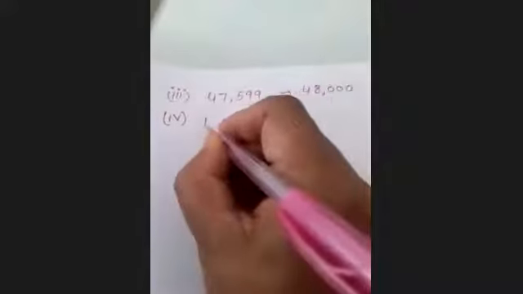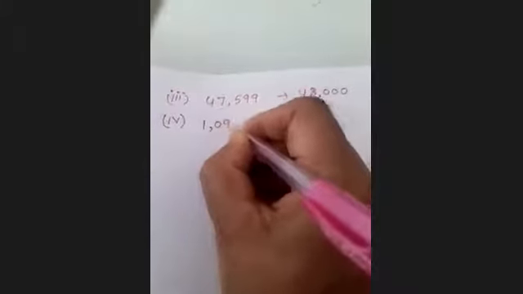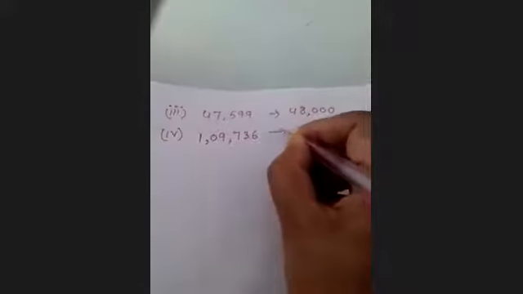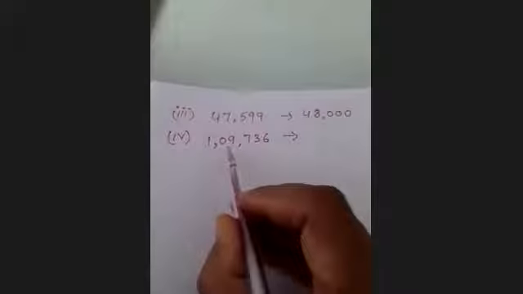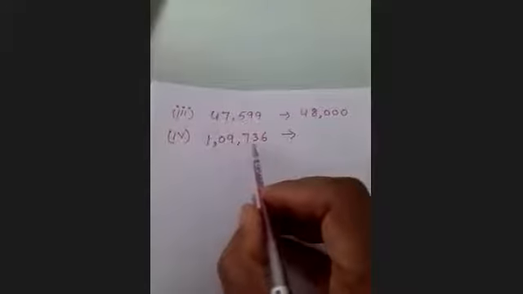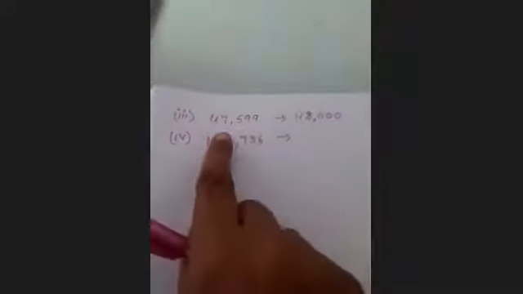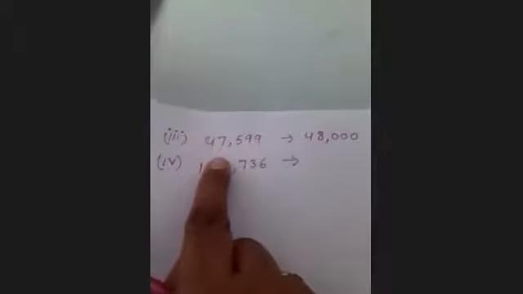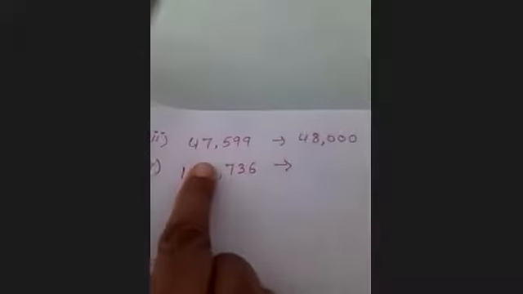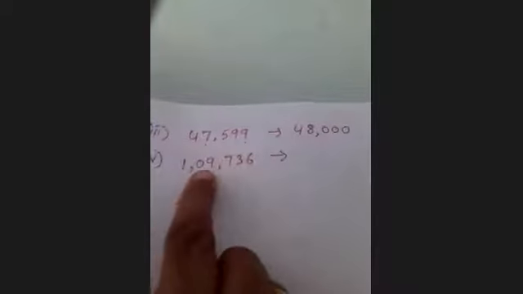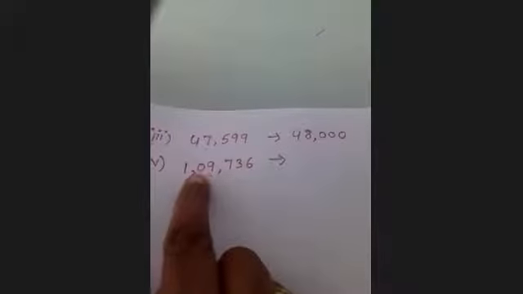Next is the fourth question. The number is 1,09,736. Ones, tens, hundred, then thousand. Now put your finger on the thousand place and observe the next number. The next number is 7, so here we write 9 plus 1, 10.